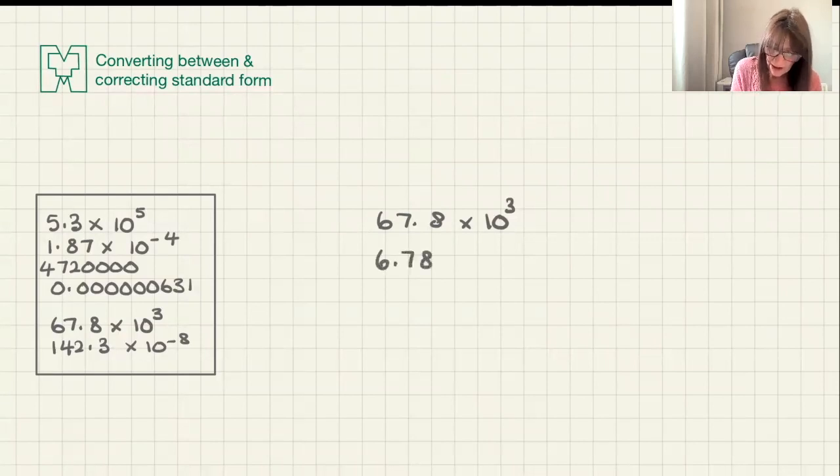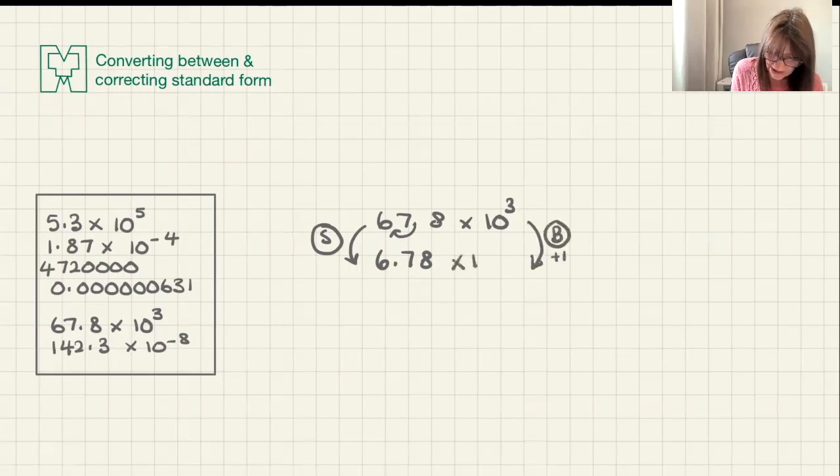Okay. And then we consider what's happened. I've taken what is a bigger number and made it smaller. 67 to 6, definitely smaller. So I write that this side has just got smaller. I moved it one place to get it smaller. So on this side, I'm going to make it bigger by adding 1.